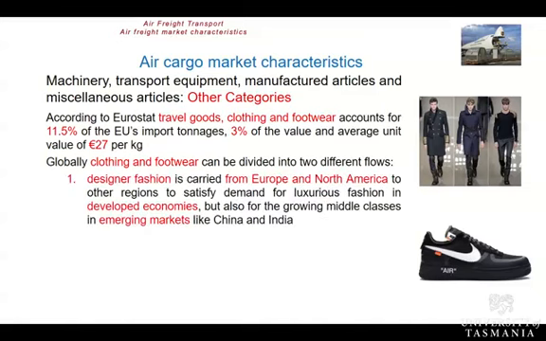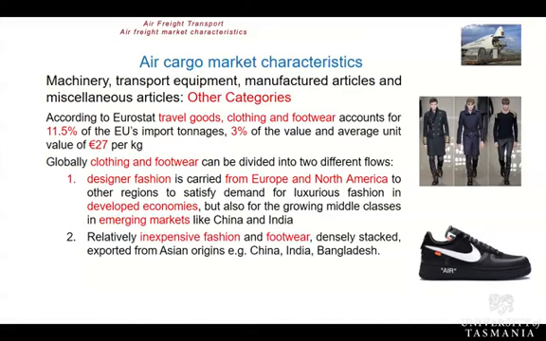And typically they're either going to be designer fashion, and most of that designer fashion is moving from Europe and North America to other regions to satisfy demand for fashion. But what we're also seeing is an increase of volumes of these goods coming into Asia to satisfy the emerging middle classes of India and China. In addition to the designer type fashion, you've also got the inexpensive fashion and footwear, densely stacked and exported from Asia, typically China, India and Bangladesh.